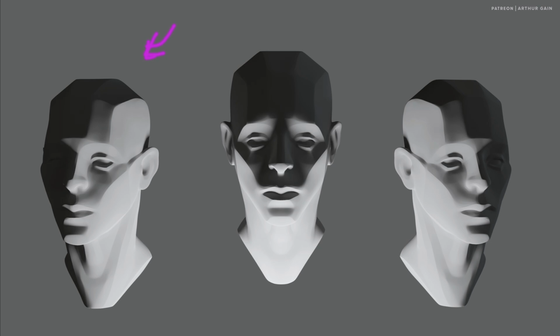But my recommendation is to focus and to look for the references and to make your own references following this idea. Simplification of the light and shadow. And the same works when you search online for the references. If you see a good reference, yeah, it's good.